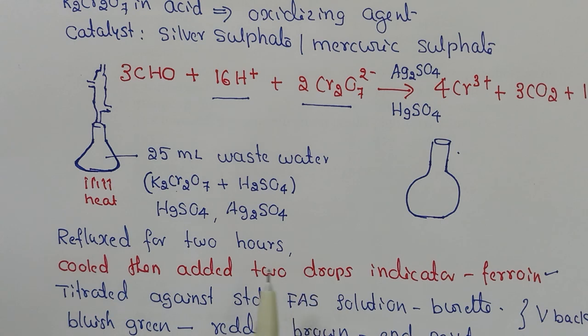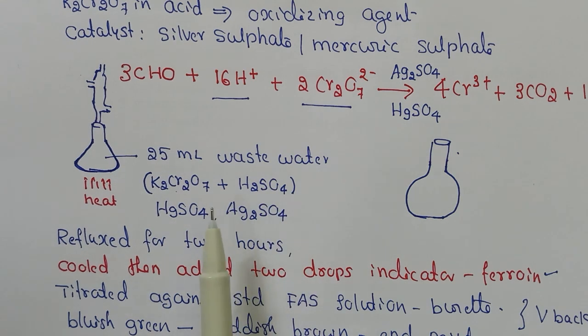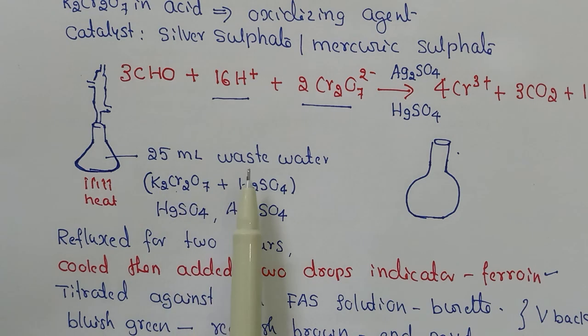So this titer value what we get here is called V back, the volume of back titration. It is the actual titration with the 25 ml of wastewater. Same way we do blank titration, where instead of 25 ml of wastewater, we use 25 ml of distilled water.